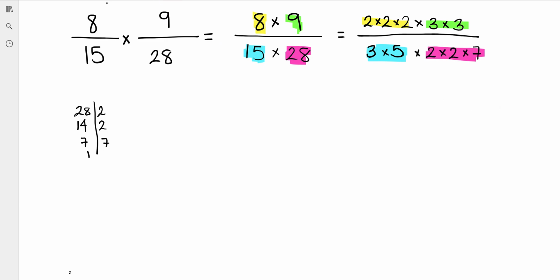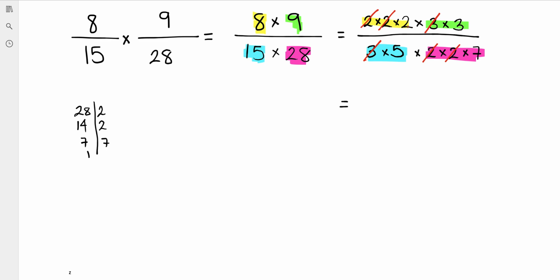Okay, and because it's multiplication, I can rearrange these numbers in whatever way I want. Agree? What I can do is, I have a 2 here, and I can cancel it with these 2 down here. And I have here a 2 on the top, and I can cancel it with this one here. And then I have a 3 at the top, and I can cancel it with this 3 at the bottom.